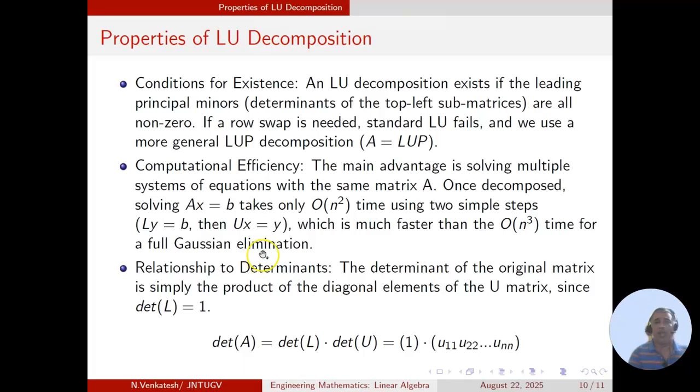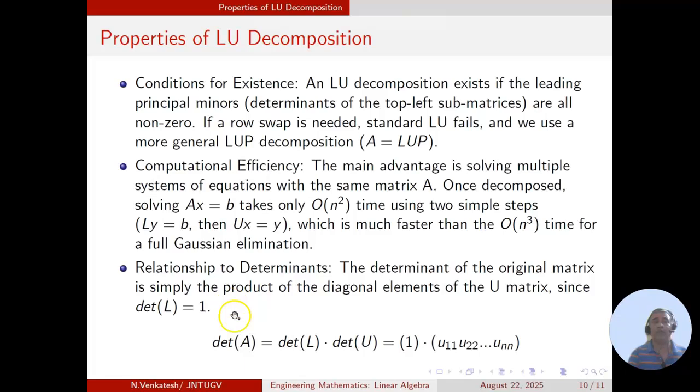Now, as we know, one fact is that adding multiples of one row to another won't change the determinant value. That is the operation that we are doing when we are decomposing into LU. So the determinant is not going to change.